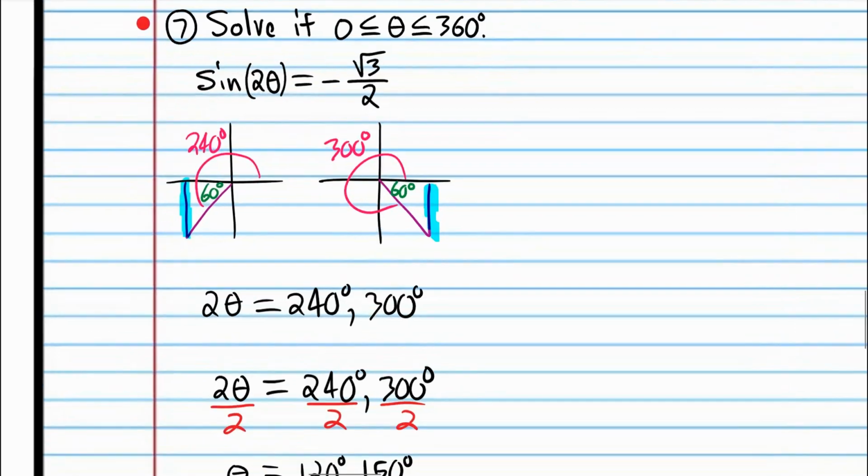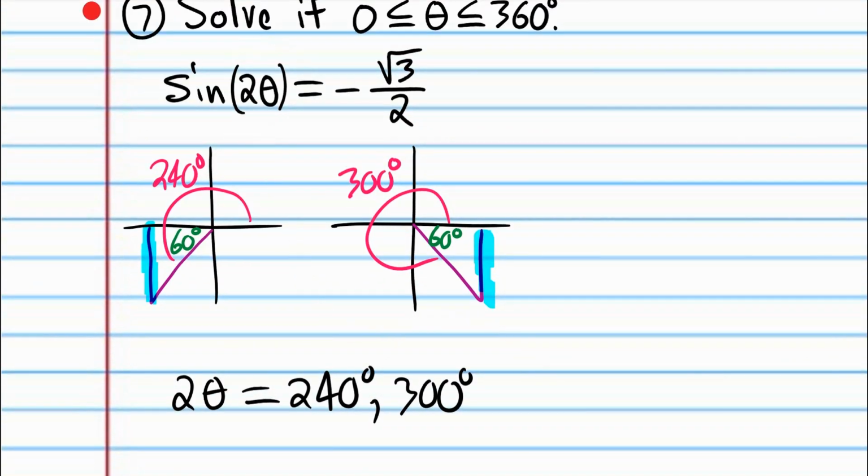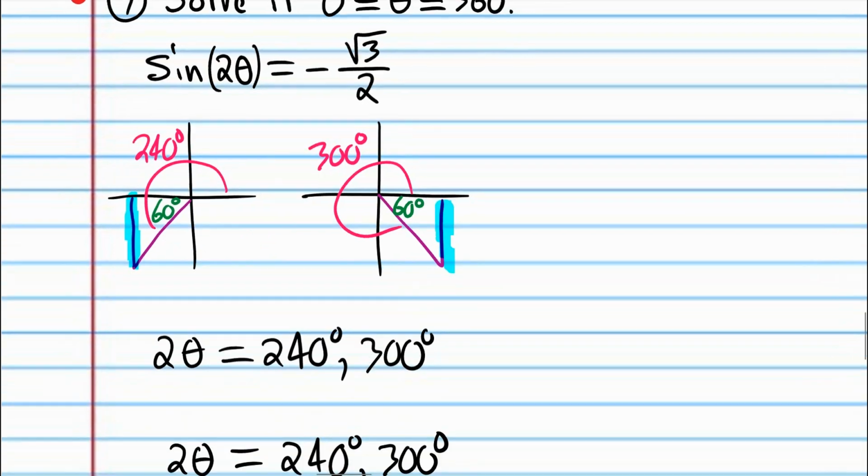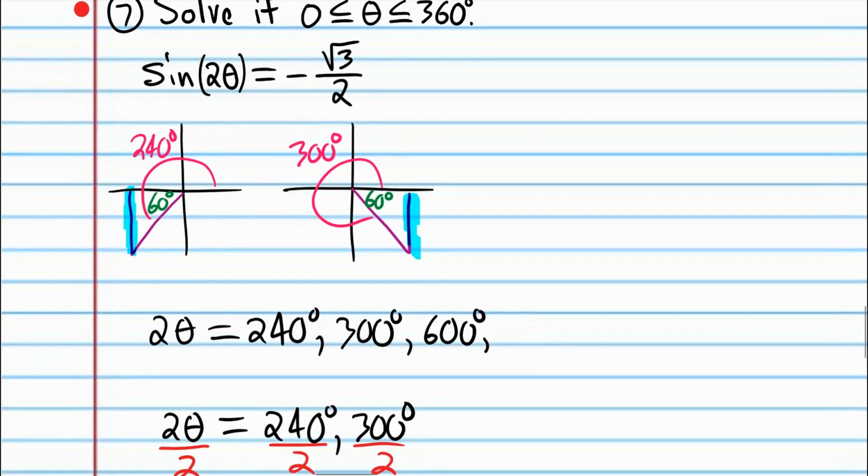So what we do is we find more angles that will work in this equation. 240 works, 300 works, but let's find some coterminal angles. So let's add 360 to 240. Remember, that's how you find coterminal angles. If we rotate all the way around till we get back to where we started, that's a coterminal angle that will work in that equation. So if we add 360 to 240, we get 600 degrees. And let's add 360 to 300, then we get 660 degrees.